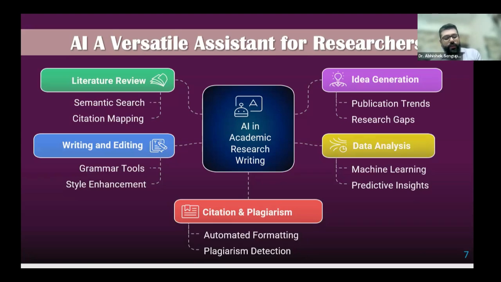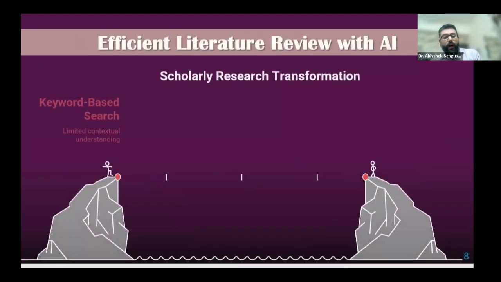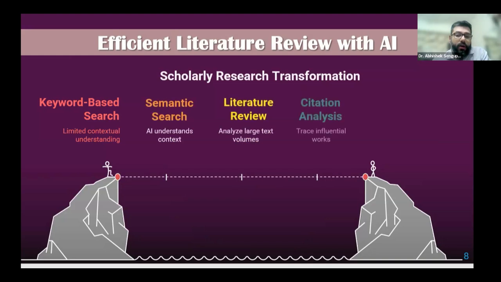So how do we do an efficient literature review with AI? I will first go to the literature review and how it can be done using AI. We can use techniques like keyword-based search, semantic search, literature search, then citation analysis and context-aware discovery.